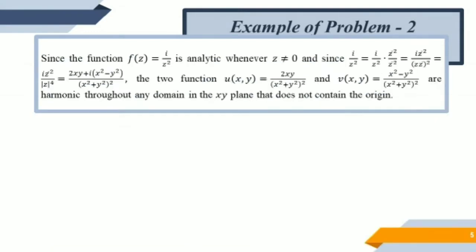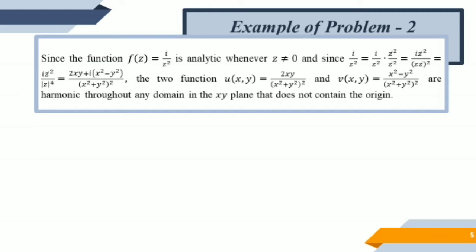The next example: since the function f(z) equal to i over z^2 is analytic whenever z is not equal to 0, and since i over z^2 equal to i over z^2 times z-bar^2 over z-bar^2, and then we do the calculation until we get (2xy + i(x^2 - y^2)) over (x^2 + y^2)^2.